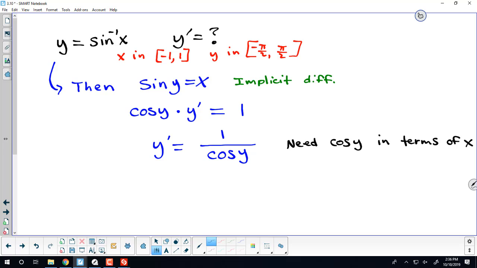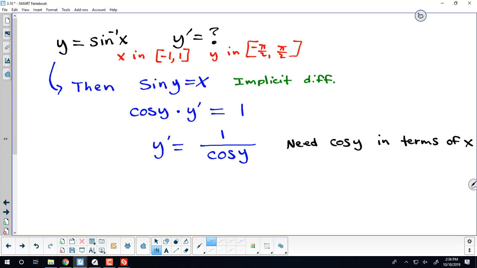So what's relating y to x for us so far in what we've done? Y equals inverse sine of x, right? Which means that sine of y is equal to x. So if we have any hope of expressing cosine y in terms of x, then we first need to express cosine y in terms of sine y, because sine y is x.